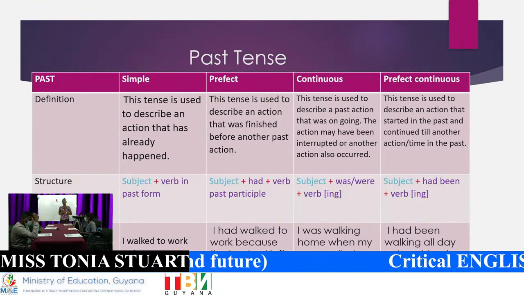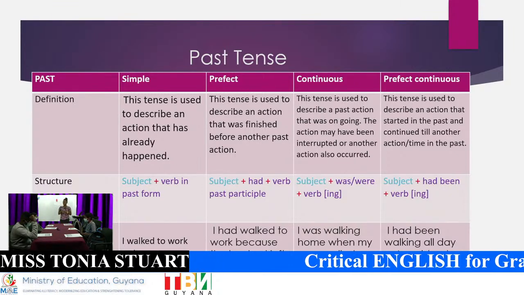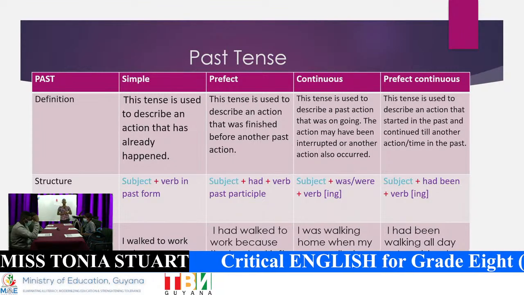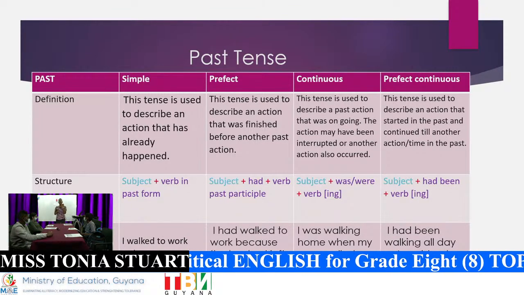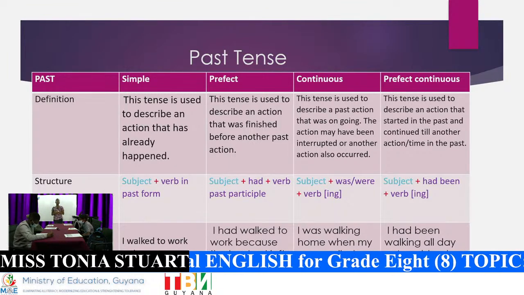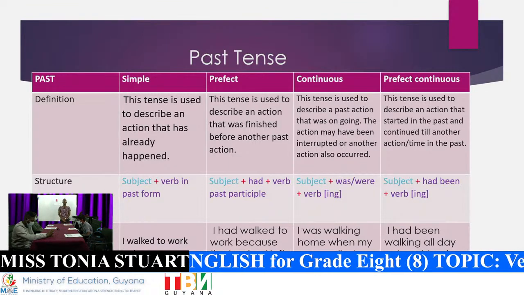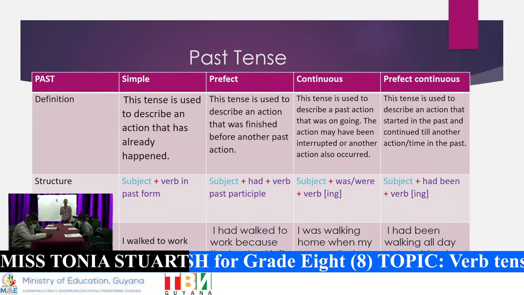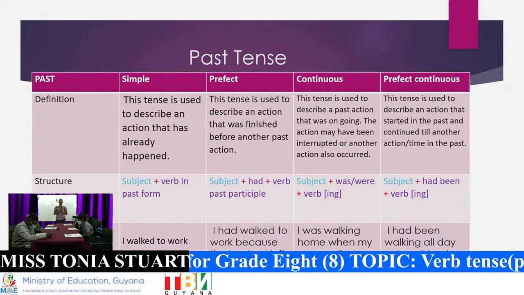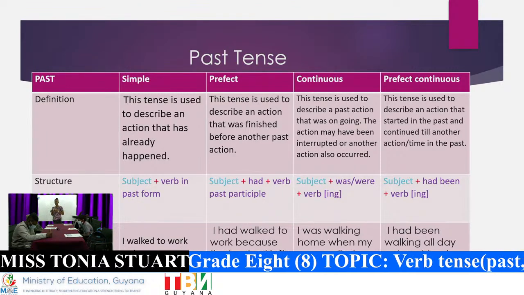The continuous, one of the things that you'll notice throughout is that the verbs in the continuous form end with ing. All right? Okay. And then we go to the perfect continuous. The past perfect continuous, sorry. This tense is used to describe an action that started in the past and continued till another action or time in the past.